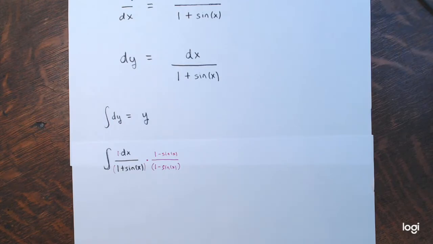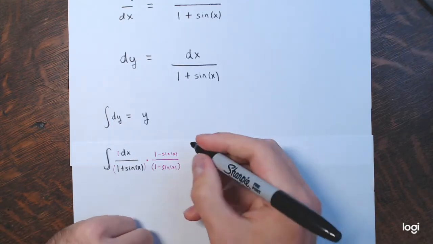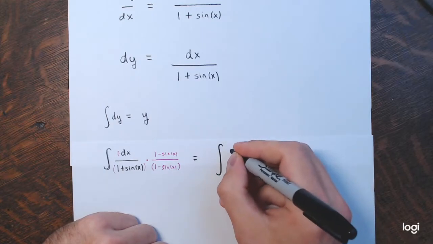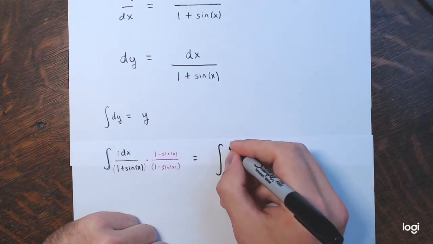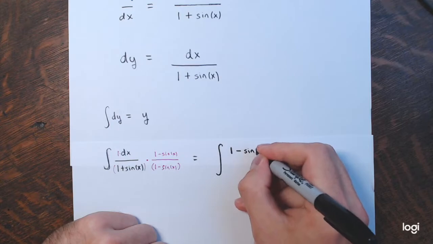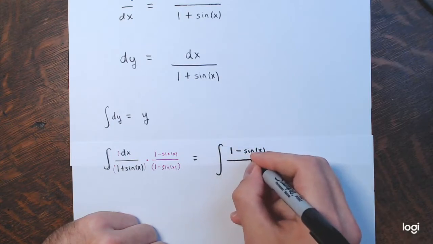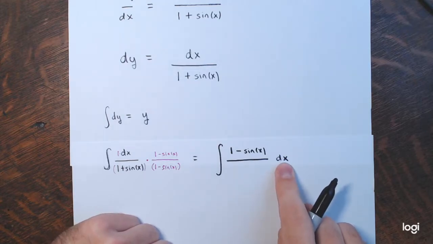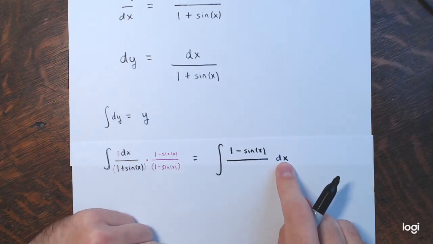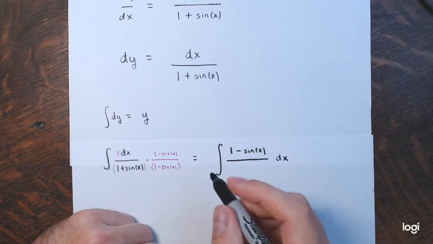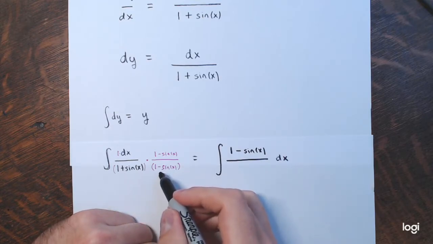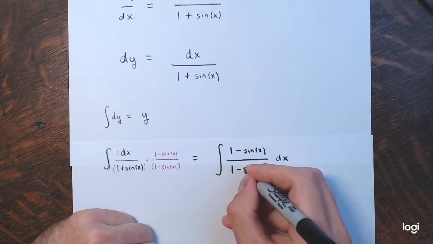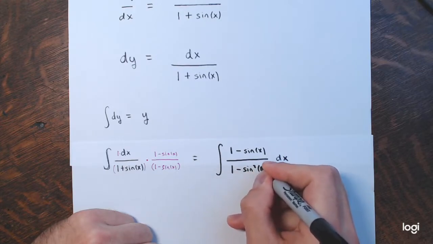So now what I have is the integral of 1 minus the sine of x in the numerator, and I'll put the dx over here. Just remember that that's a factor of the numerator, the differential of x. And when you multiply conjugates you get a difference of squares: 1 minus sine squared x.